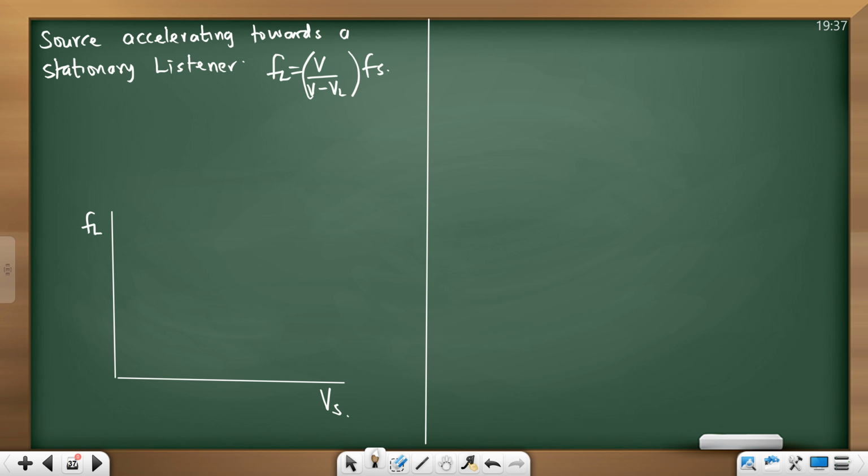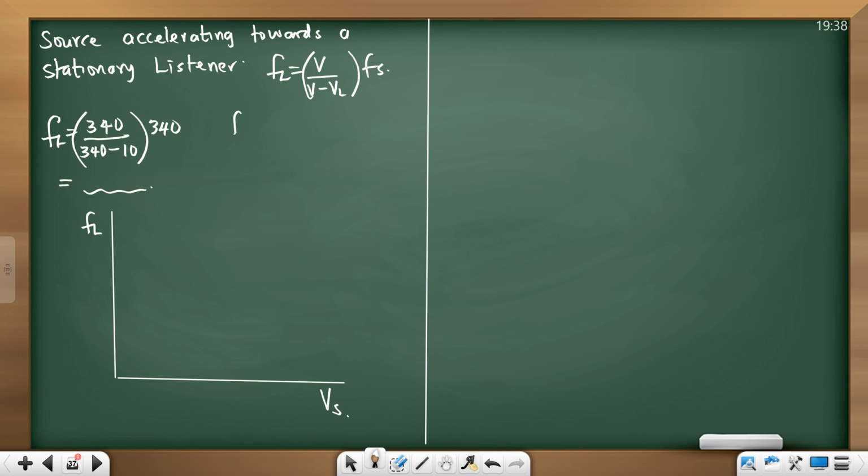Use your numbers again. You are looking for FL. So FL is what? 340 over 340 minus, you could use anything. Maybe you could use 10 first to see what's going on. And you have 340 or whatever you want to use. You'll get an answer, as long as you use the formula.